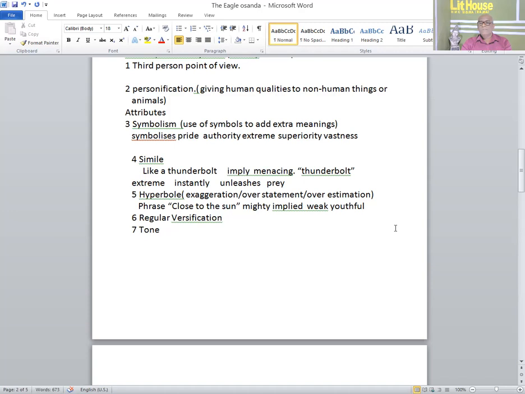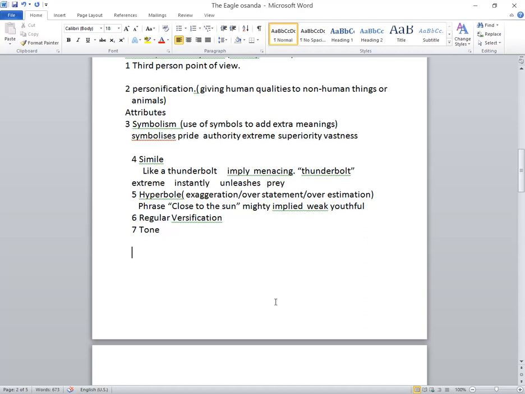Now, what is the poet's tone? How do you guess it? How does Tennyson speak here? What feelings does Tennyson depict?